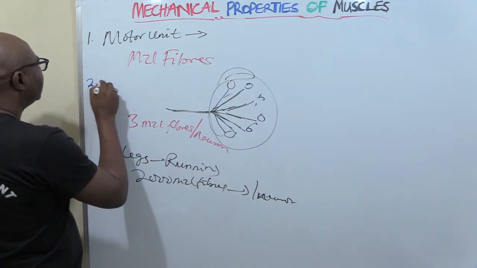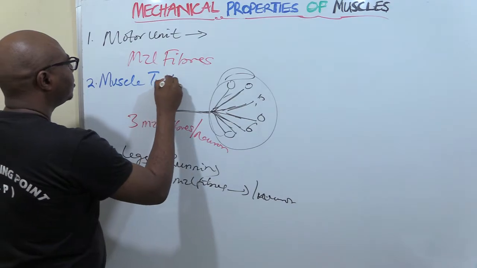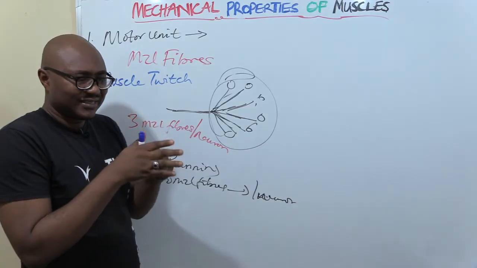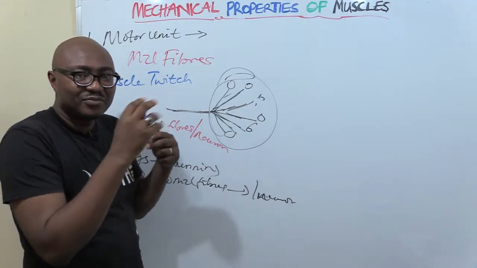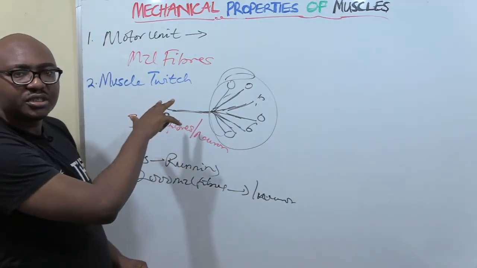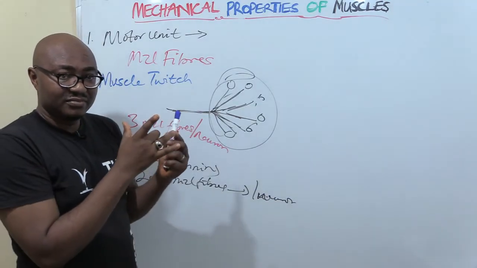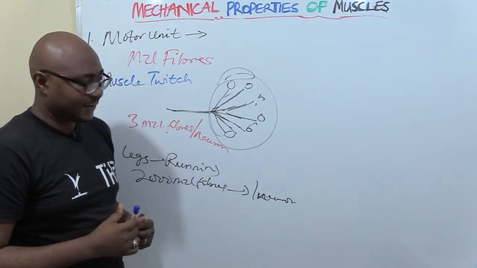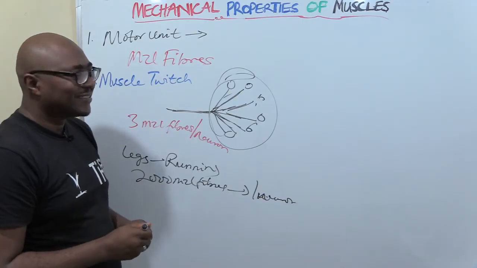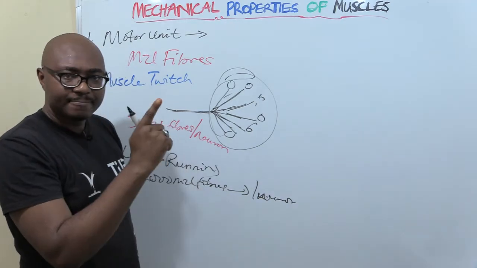There's something called muscle twitch. You know the common use of the term twitch. Oh, the muscle is twitching. It's actually referring to involuntary contractions of muscle, which actually is muscle spasm. But when we are referring to a twitch, we're referring to something different in physiology. So a twitch contraction actually is the contraction of one muscle fiber.